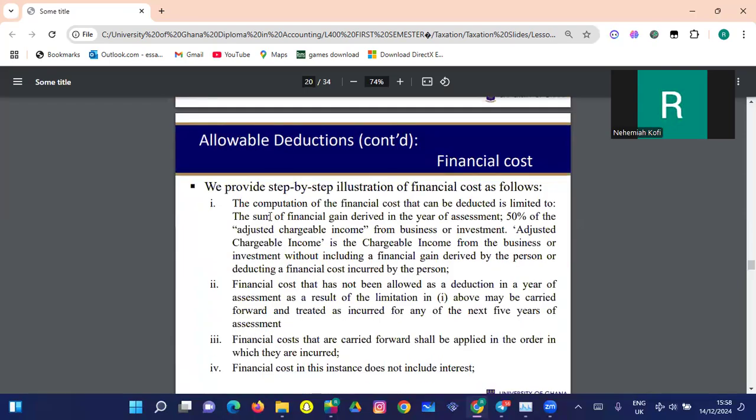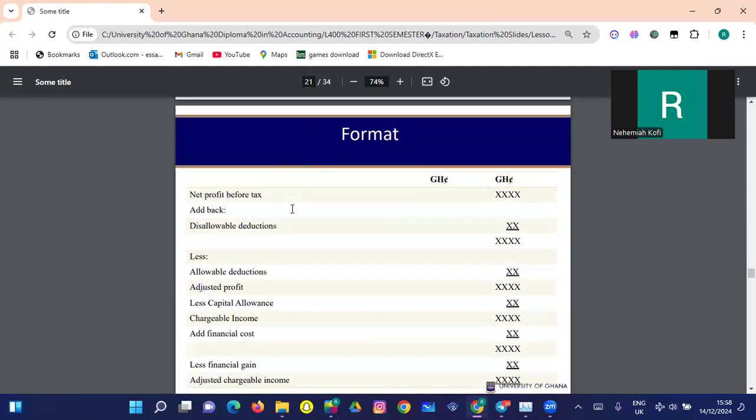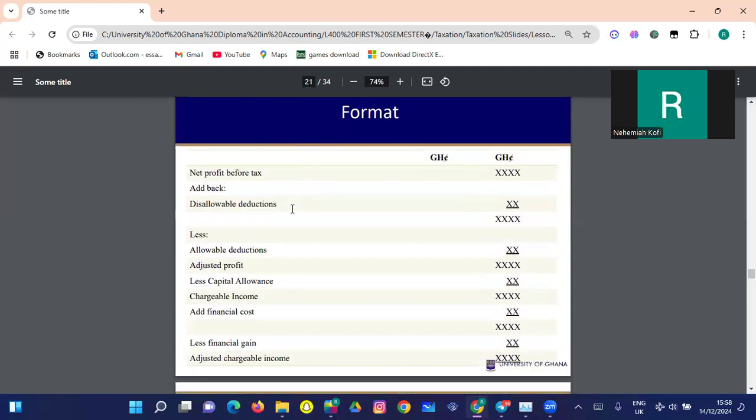So basically, let's look at this. This is more or less like a format. So here, your net profit that you arrived at will be brought in here, right?